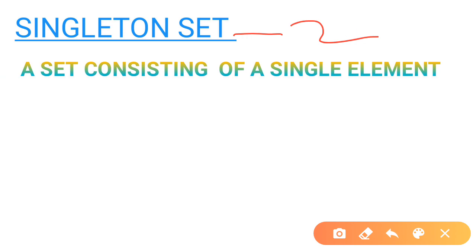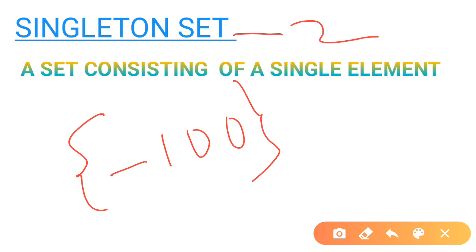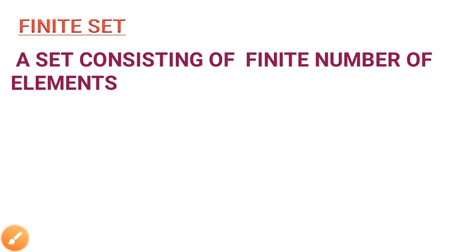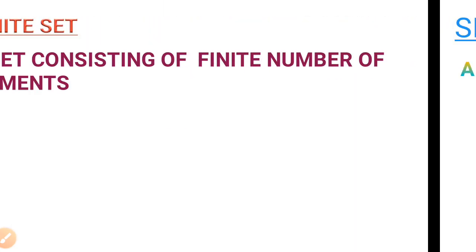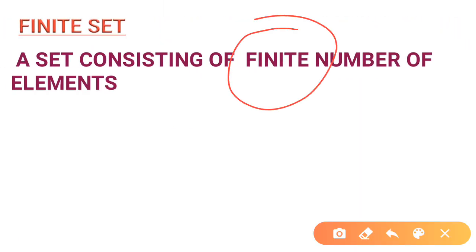The first one is empty set, and the second one is singleton set, a set consisting of a single element. Whatever you take, 6, 7, 0, and you can take negative values also, like minus n. This is one element, so that is a singleton set. And next one, finite set, which has a finite number of elements.